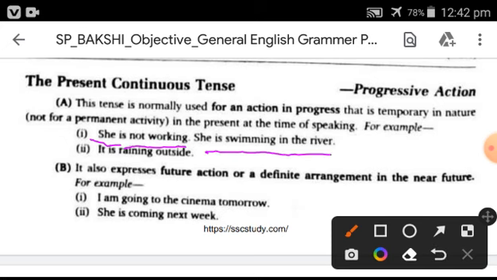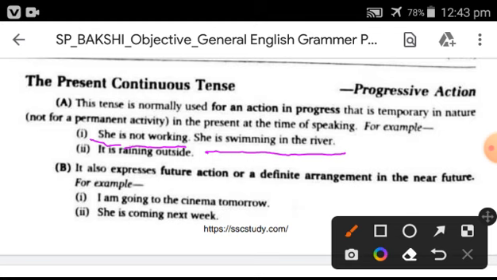When she speaks, she is not working. Then one can understand she is not working right now. And second is, she is swimming in the river. It refers to she is swimming in the river right now.